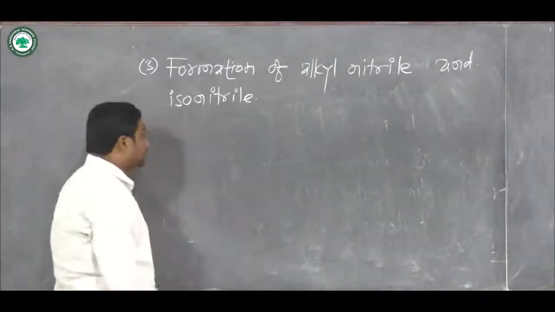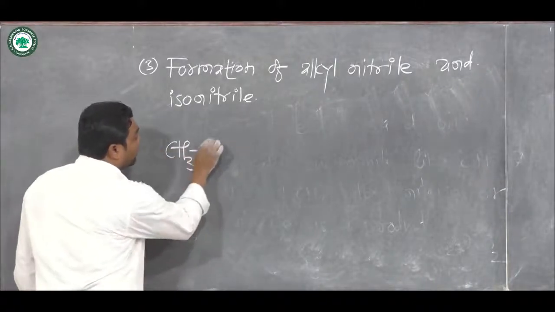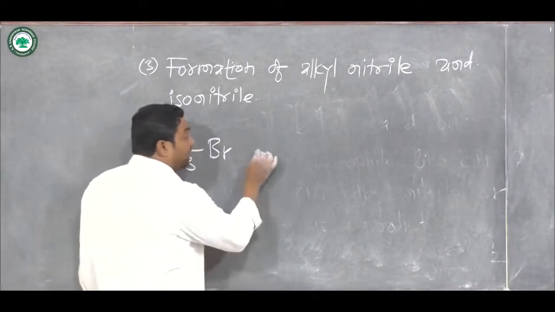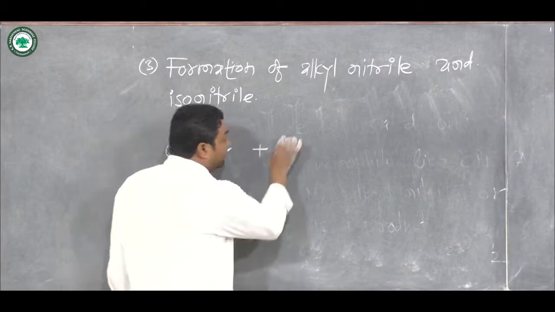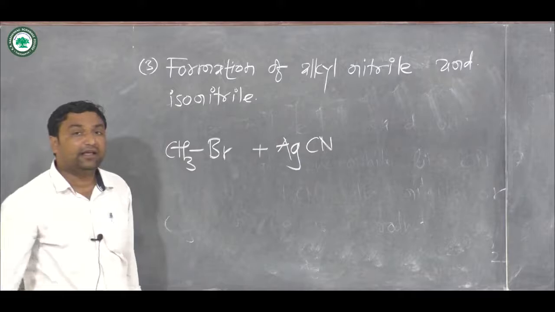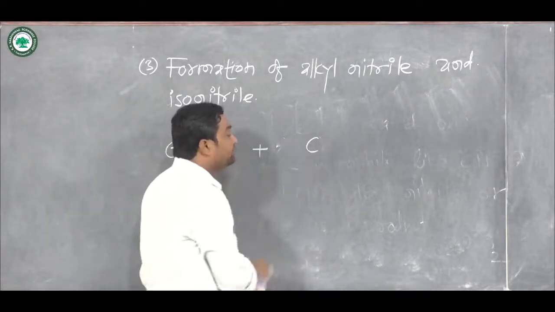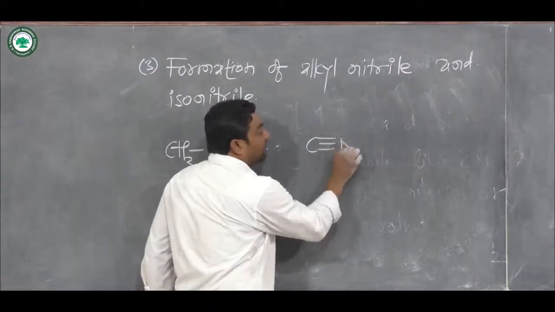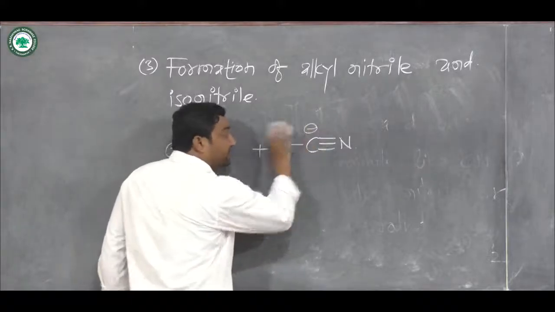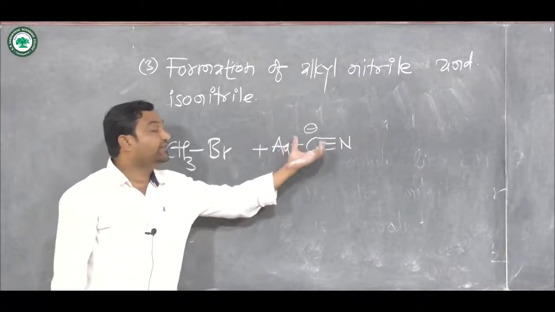Now we know that if I use methyl bromide and treat it with AgCN, silver cyanide, the carbon atom of this molecule has a negative charge. The metal is positively charged and will neutralize this molecule.